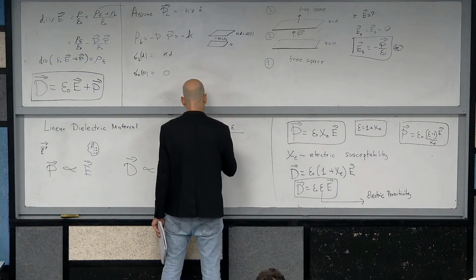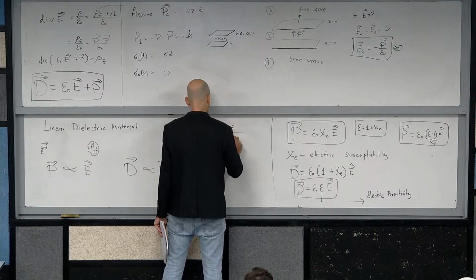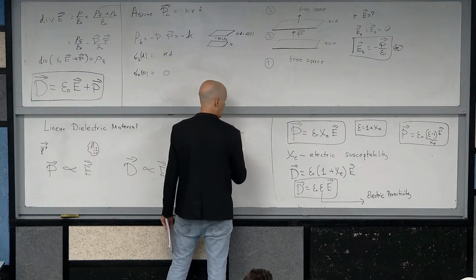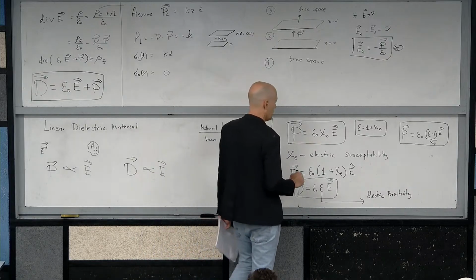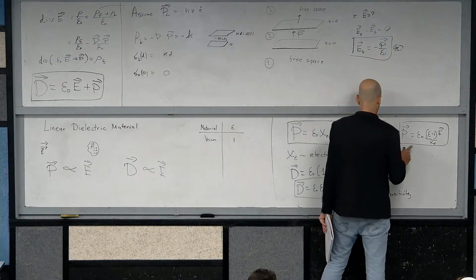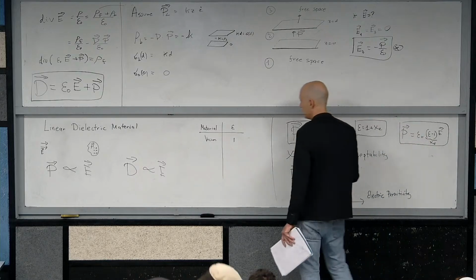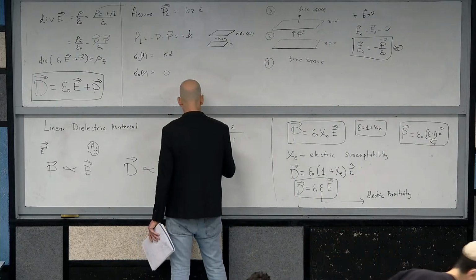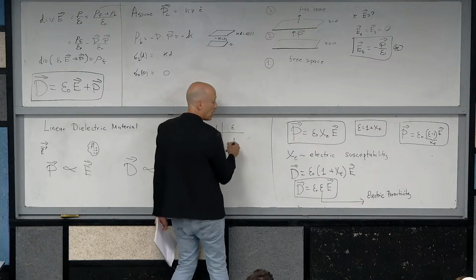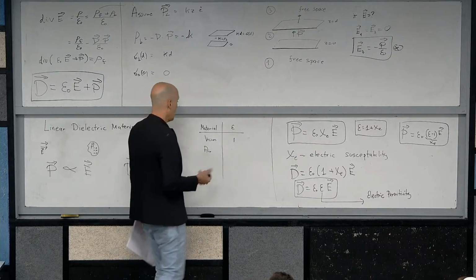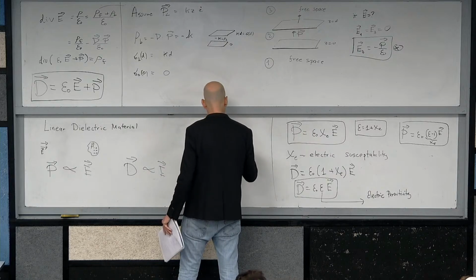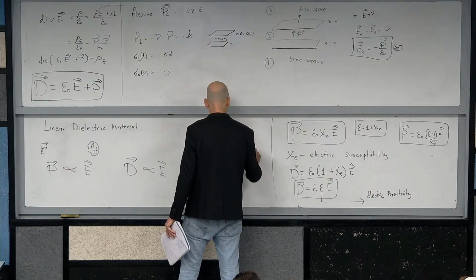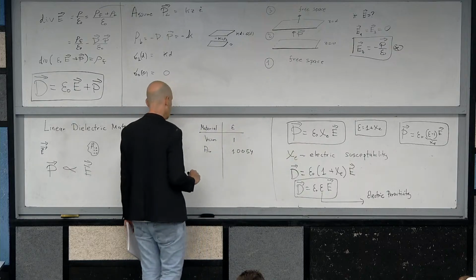So if I have vacuum, I mentioned this is 1. Yeah, because then chi is 0. If it's air, you expect that it is close to 1, right? It's nearly 1. If you want to have a number, it's 1.0054. Some normal conditions.